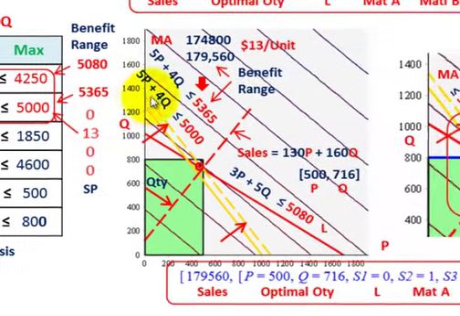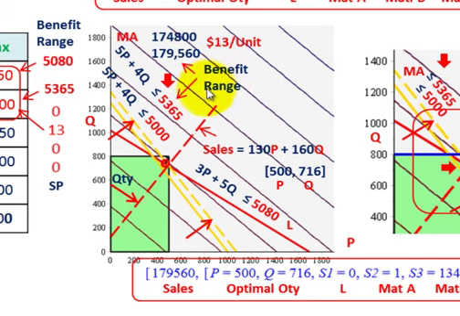Going in, looking at our layout again, this is what we're dealing with, that material A. We're moving from 5,000, that solid gold line I'm showing you, to 5,365. It was the same as our labor. All we're doing is pushing that line out, and by doing that, we're increasing our sales.